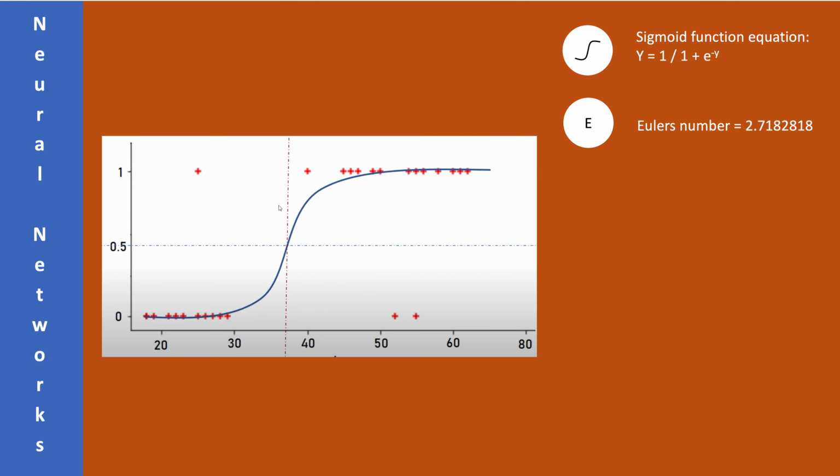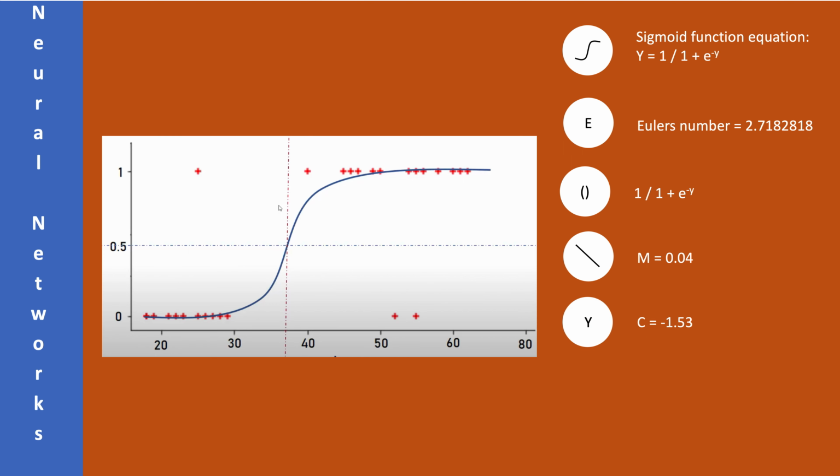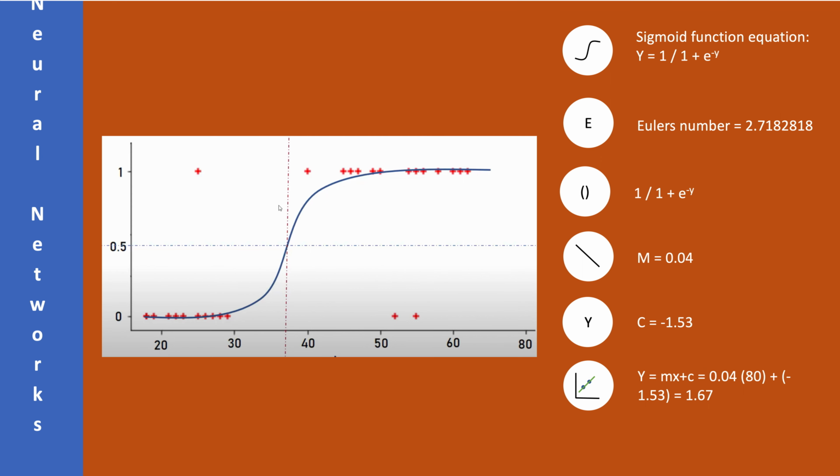So what it does is take our equation of a line, y equals mx plus c, and then apply the formula on the output of our y. For example, our slope is 0.04 and our y-intercept is minus 1.53. Suppose we are doing it for the life insurance problem, for someone with age 80.